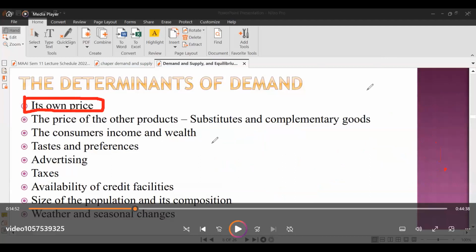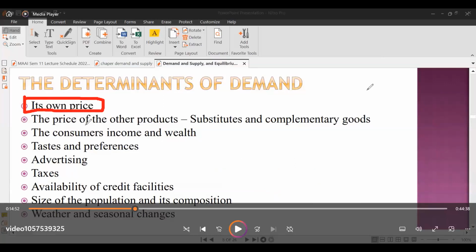Though there are a large number of determinants other than its own price, that impact the purchasing decision of the buyer or the consumer.